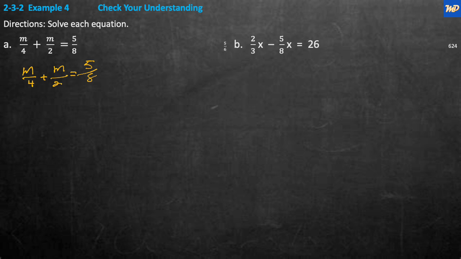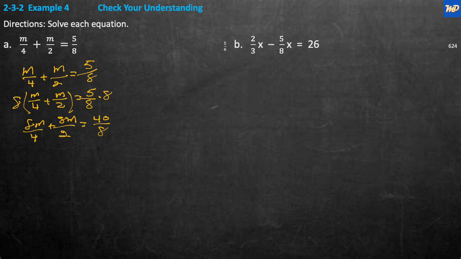Using the distributive property, 8 times m divided by 4 plus m divided by 2 equals 5/8 times 8. So now we have 8m divided by 4 plus 8m divided by 2 is equal to 40 divided by 8.